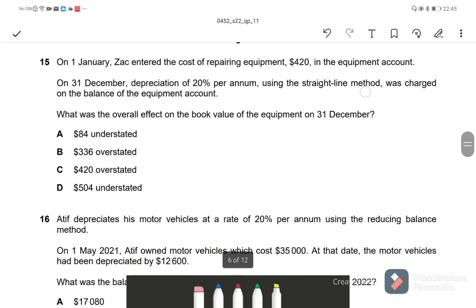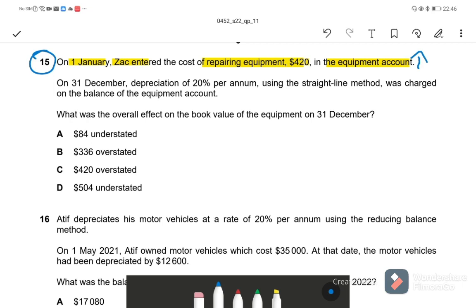Next, question number 15. On 1st January, Zach entered the cost of repairing equipment 420 in the equipment account. This is the error. What will happen? Equipment will overstate 420.